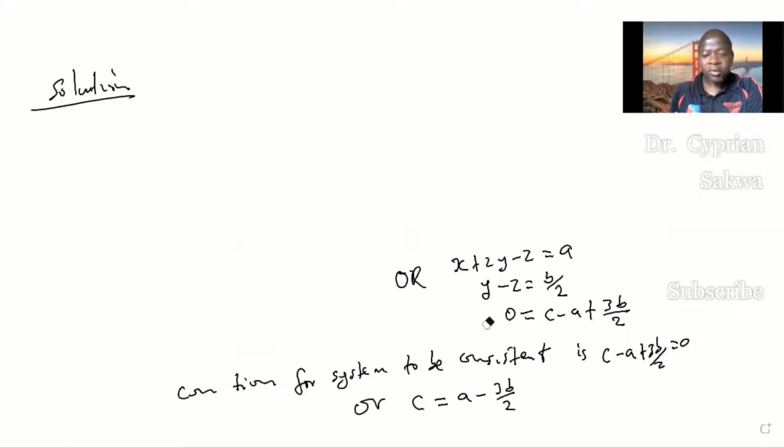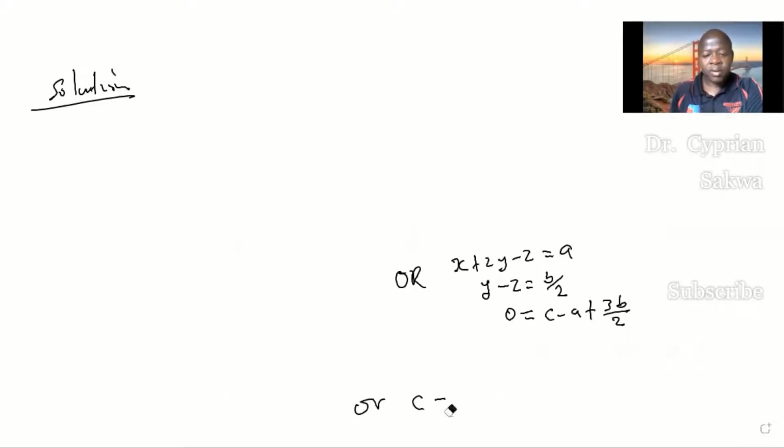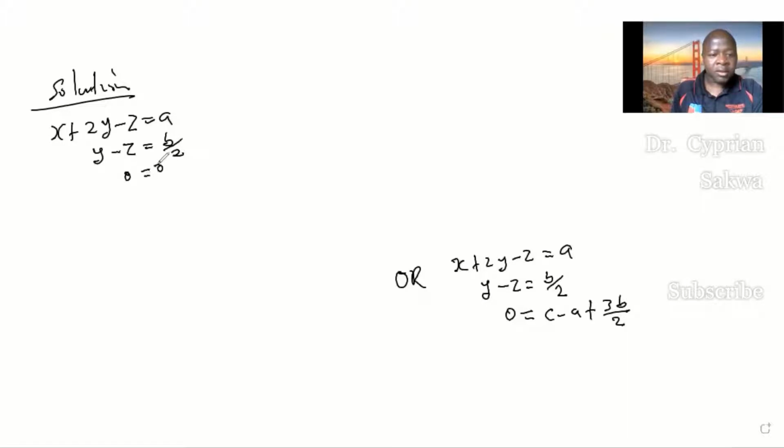I'll continue from this part. So let me copy it here. If that condition is met, then we would have x plus 2y minus z is a, and y minus z is b out of 2, and 0 is 0.